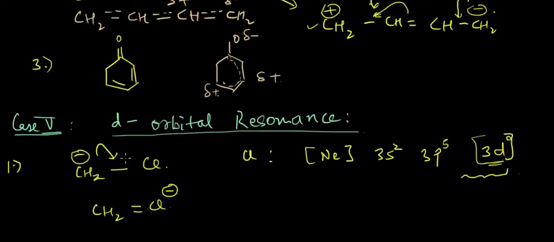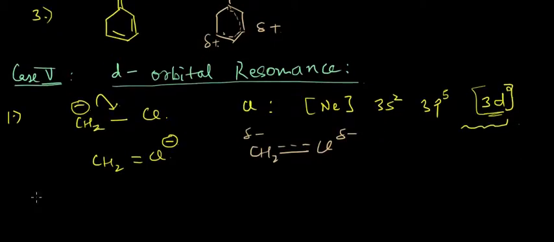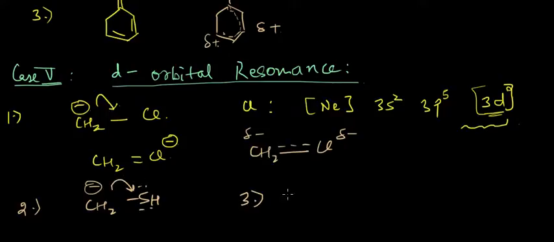Okay, so hence this is the d orbital condition, and if you look at the resonance hybrid, it would be something like this: partial negative charge here and partial negative charge here. Okay, and again if you look into examples like CH2 minus SH, again d orbital resonance can take place here because S has vacant d orbital.